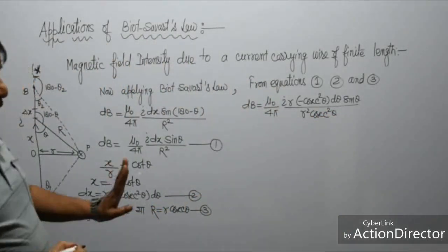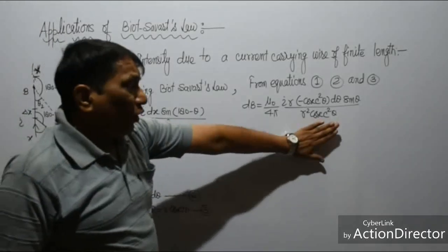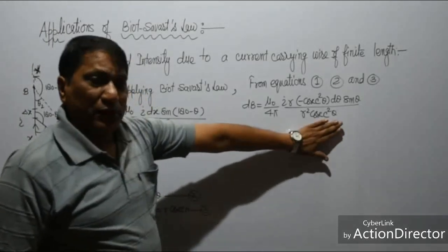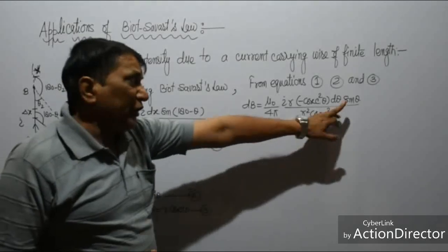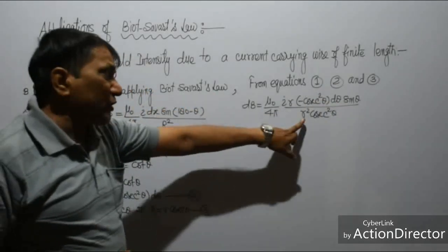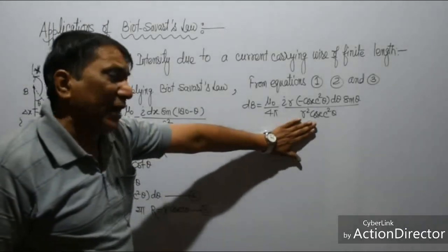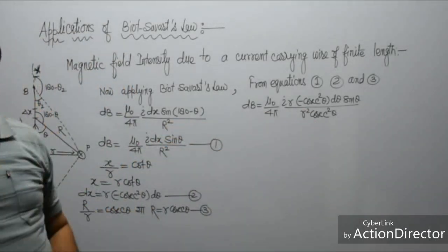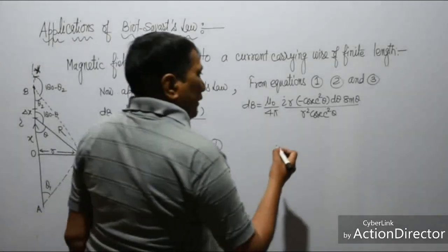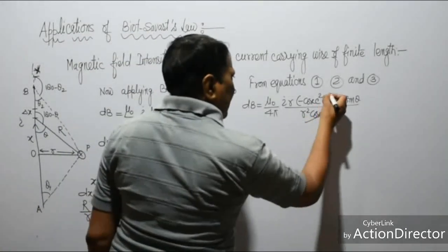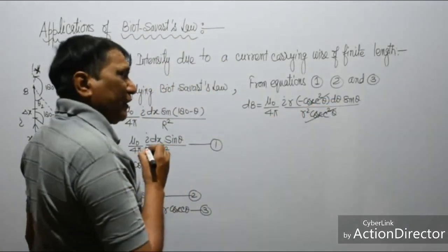So now we have only one variable in this expression. Theta is variable, whereas small r is fixed. So we have converted the entire equation into a single variable. So here cosec square theta cancelled out.